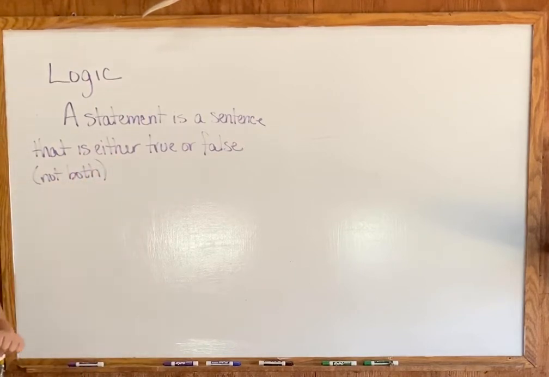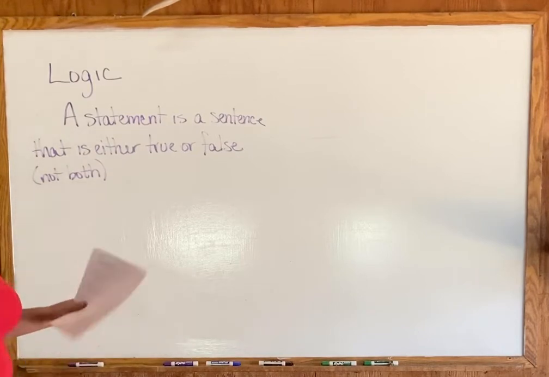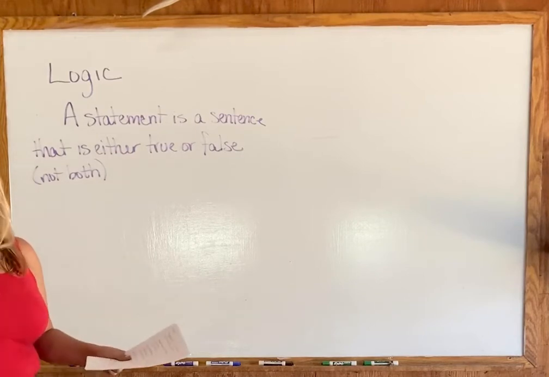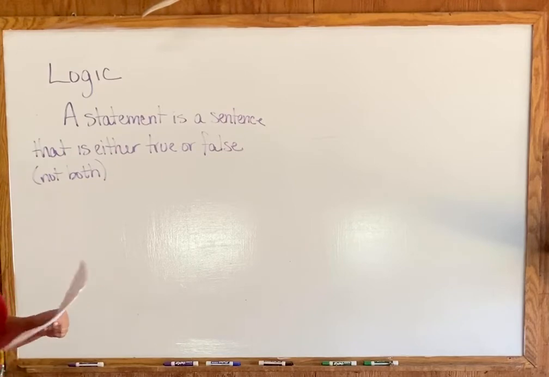Okay, so a statement is a sentence that's true or false, so it can be something that is not true, like I could say, aliens live in my nostrils. I hope that's not true, but that is still a statement. So here is an example of a couple of statements.